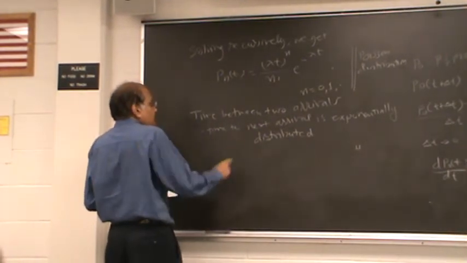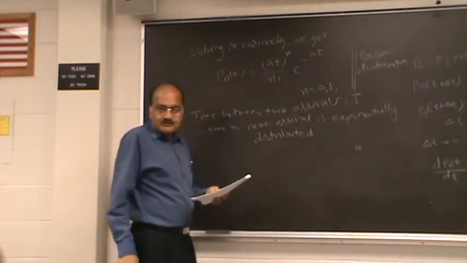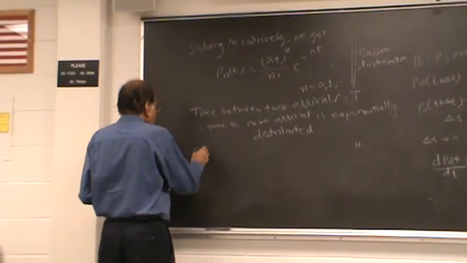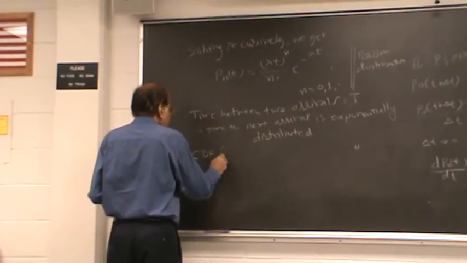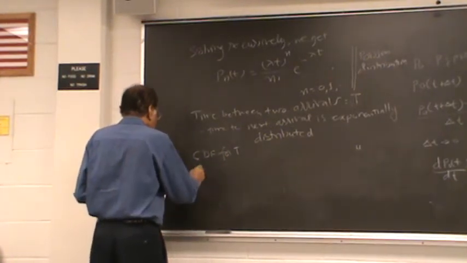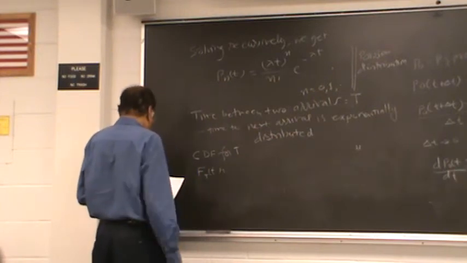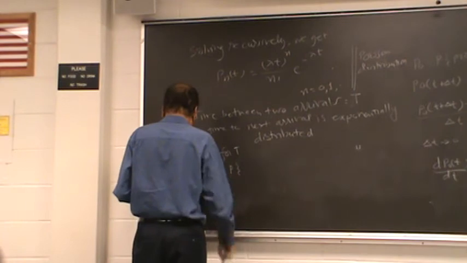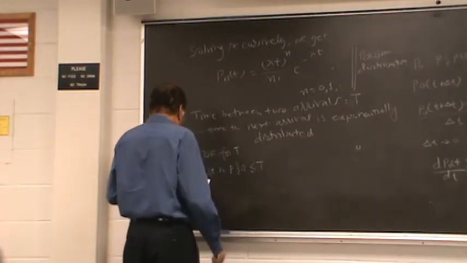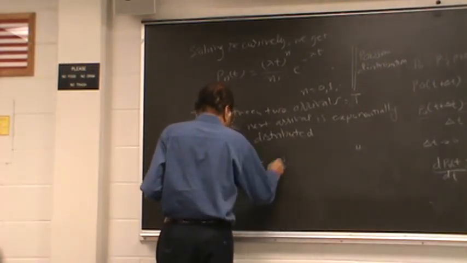So for the time between two arrivals, let us call it uppercase T, let us calculate the cumulative distribution function for T. So F of t is given by the probability that the time to next arrival is somewhere between 0 and t.